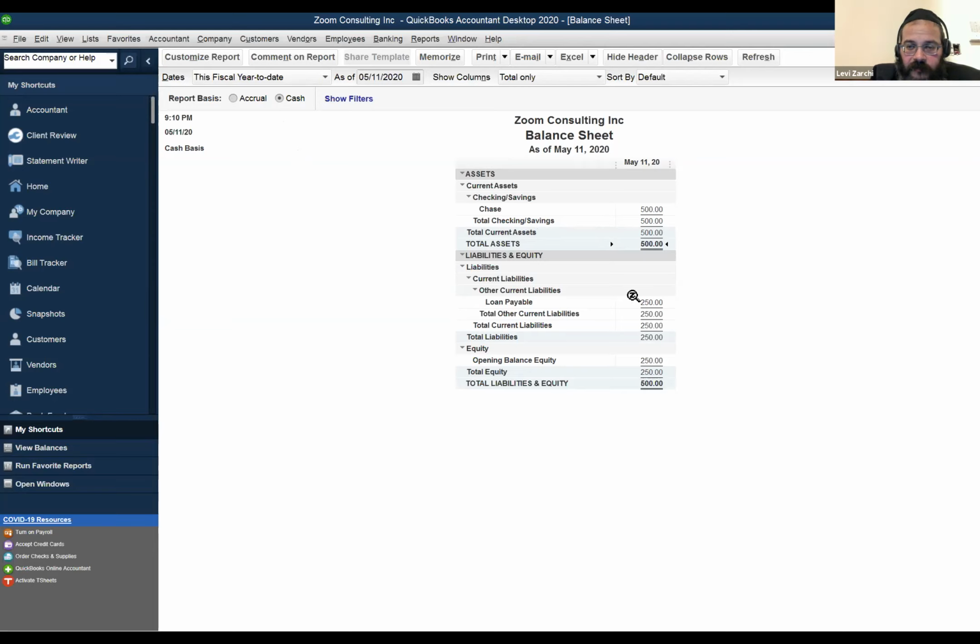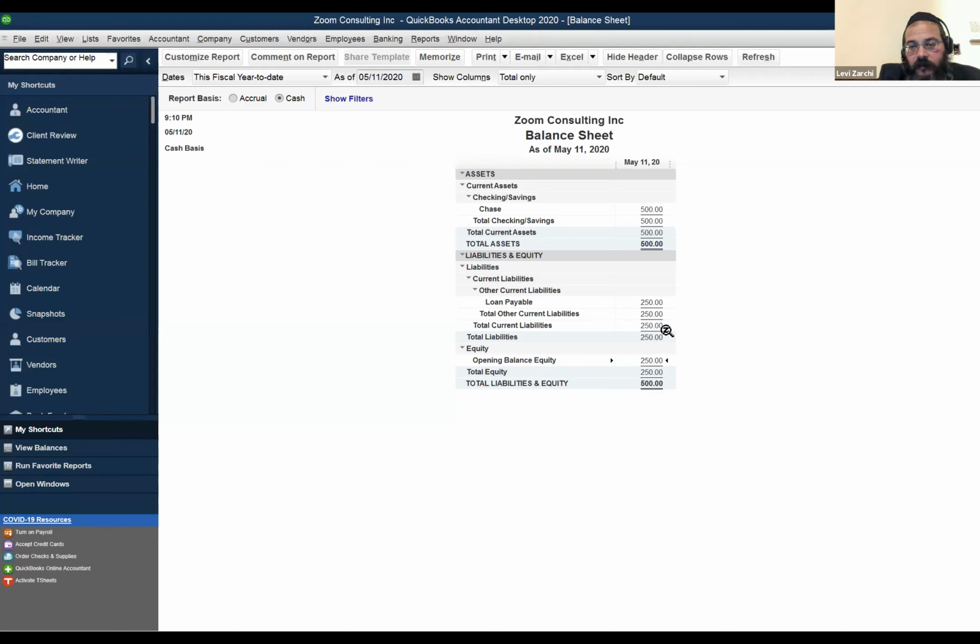I have a $250 loan payable and $250 owner's equity opening. And if you recall, and this brings it full circle, we explained that assets equal liabilities plus owner's equity. The assets are $500. Liabilities and owner's equity total will always be $500. There are many variations liabilities and owner's equity could have been.